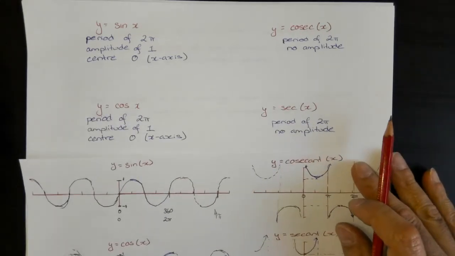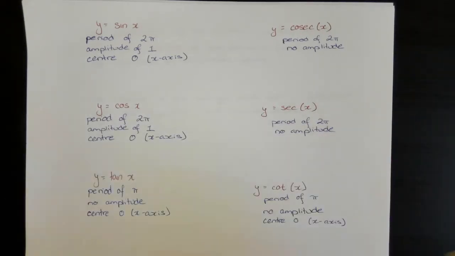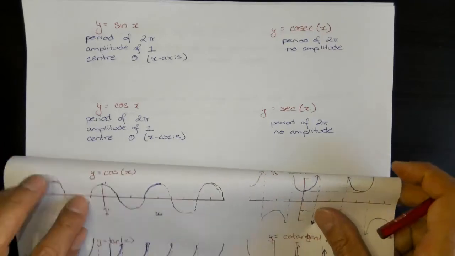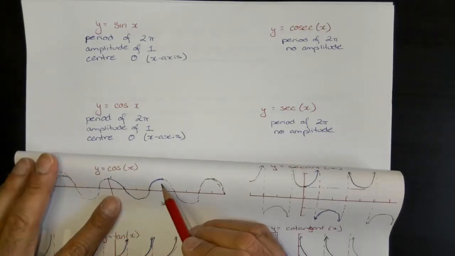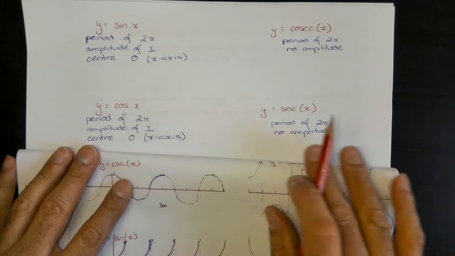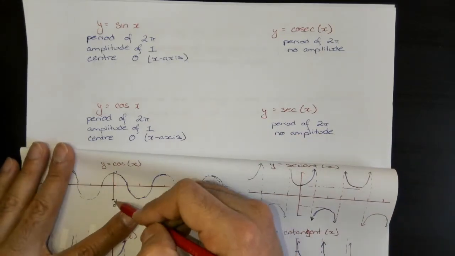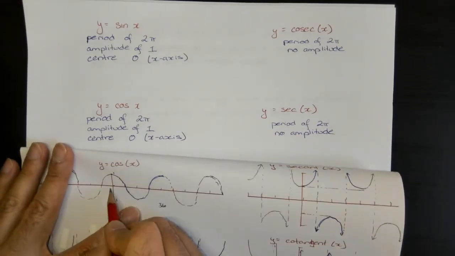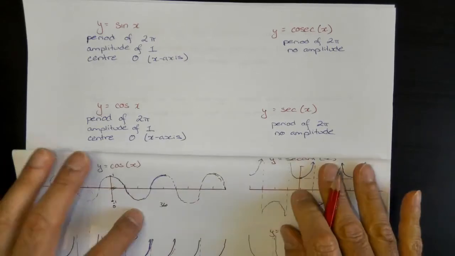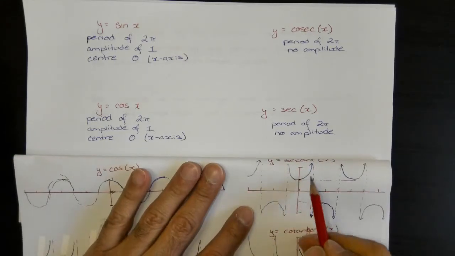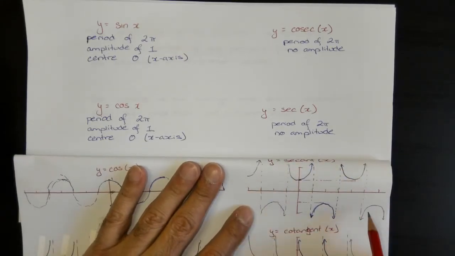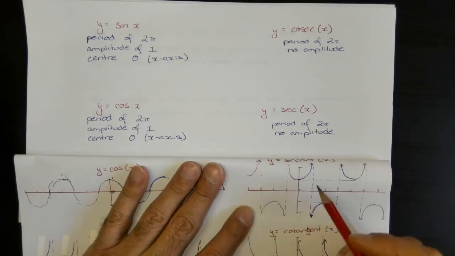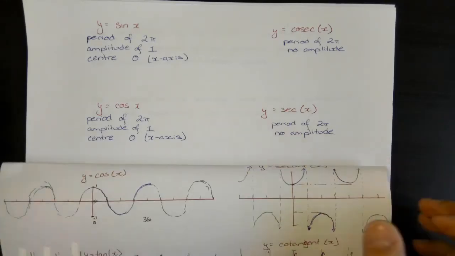Cosec is the same: a period of 2 pi, and a center of 0. Sec repeats itself every 2 pi and once again has no amplitude.